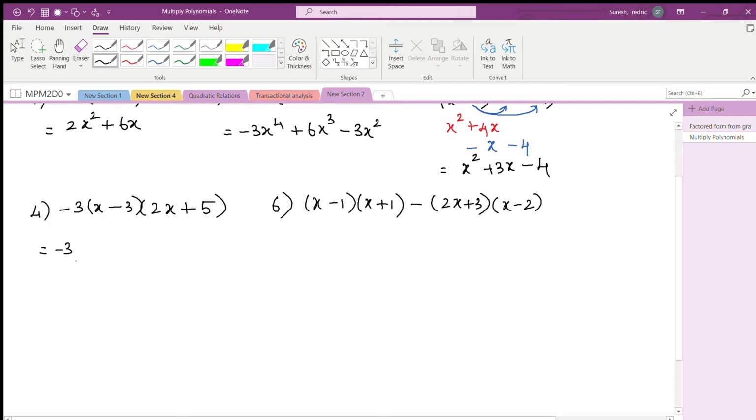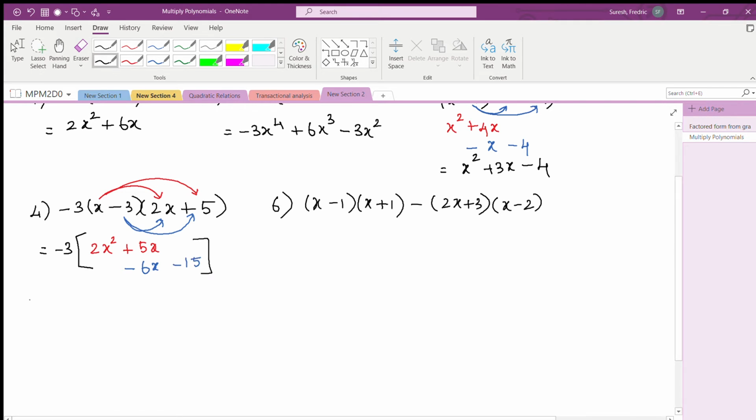So what I'm doing is I'm going to open up the bracket like this. x times 2x, you get 2x squared, and x times 5, you get a 5x. And now multiply the negative 3 into that, you get a negative 6x. And then multiply the negative 3 into the 5, you get a negative 15.